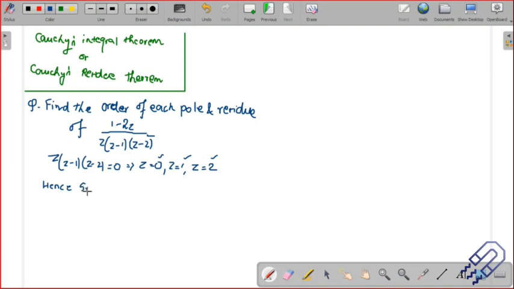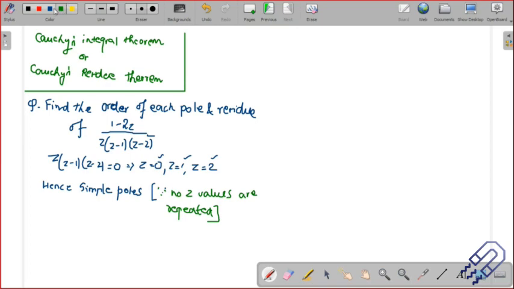As soon as we know the poles are simple, we know which formula to use to find the residue. However, the integral value is not asked here, so we are not going to find it right now. I'll write this down as a note, but don't include it in your exam answer. Since no z values are repeated, they are simple poles.